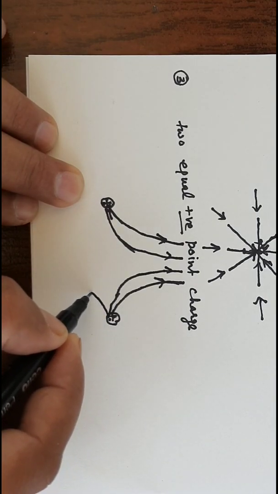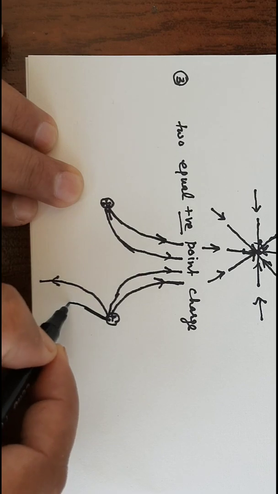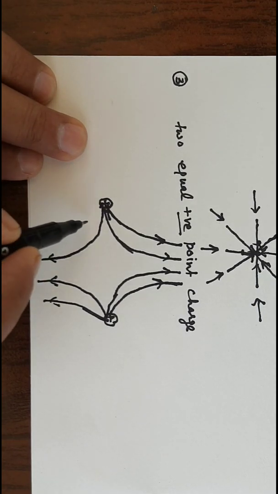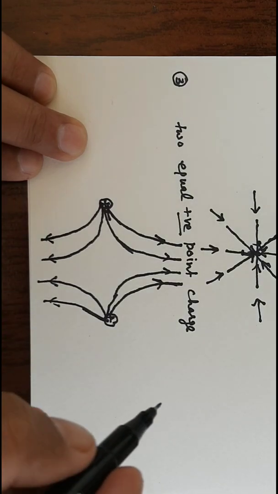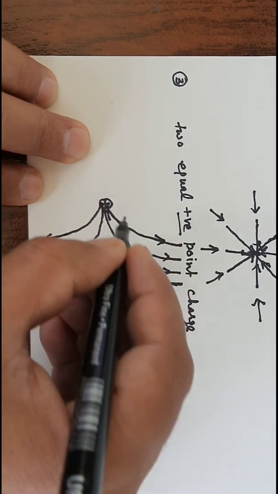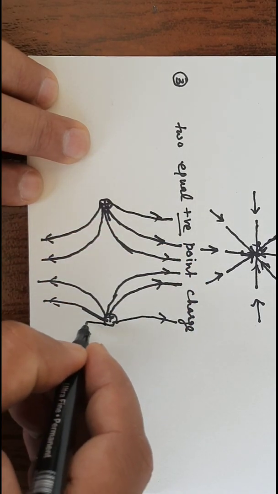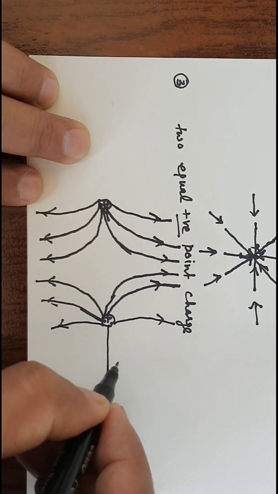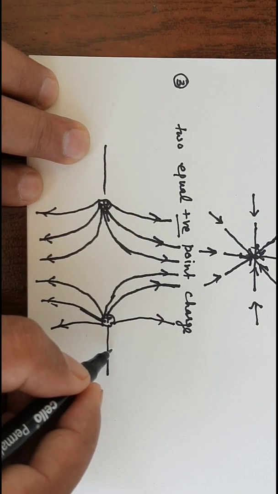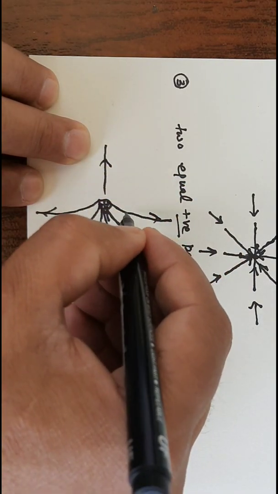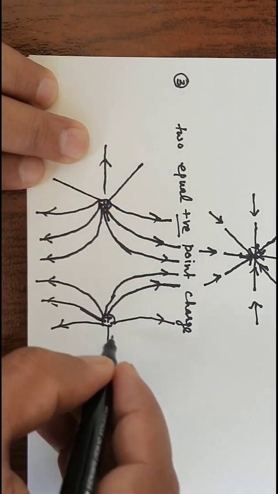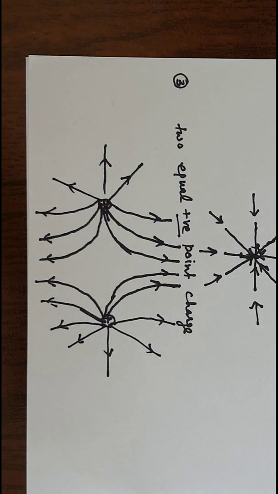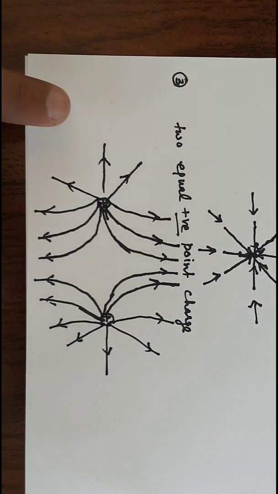Similarly in a downward direction. So this is your electric field lines for the case of two positive point charges.